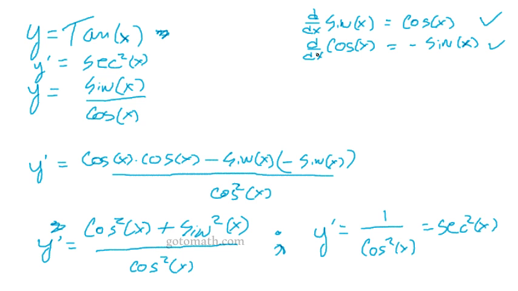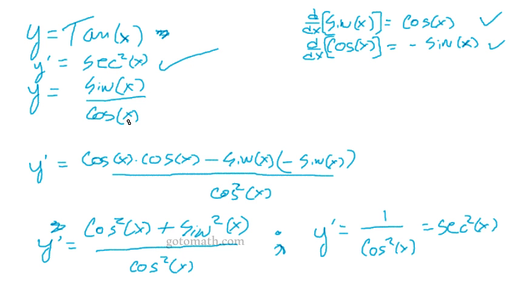Now we had to use these two right here to base all of this off of, but we converted our tan into sines and cosines, and then we used the quotient rule to actually determine this. But the best thing to do is when you see tan x, think that its derivative is secant squared x.